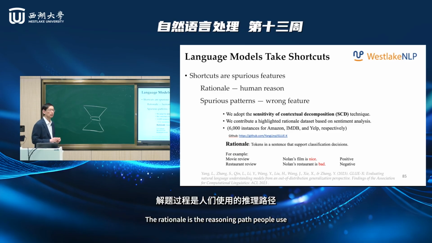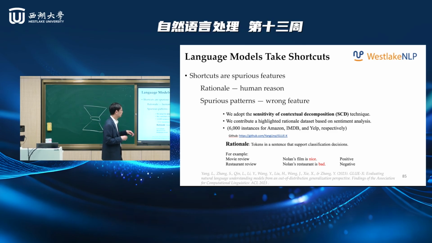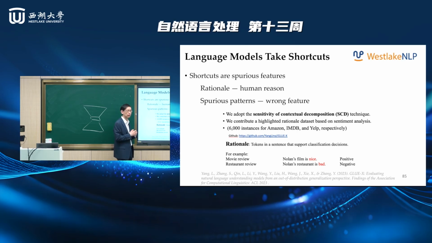You know, the rationale is the reasoning path people use. And the shortcut or spurious features are a path that the model uses, which is not correct. They don't overlap. For sentiment, as another example, when we look at the words excellent, good, we predict a positive label.